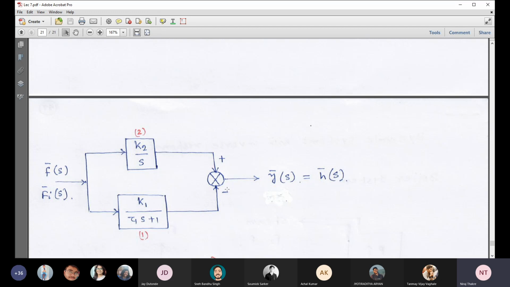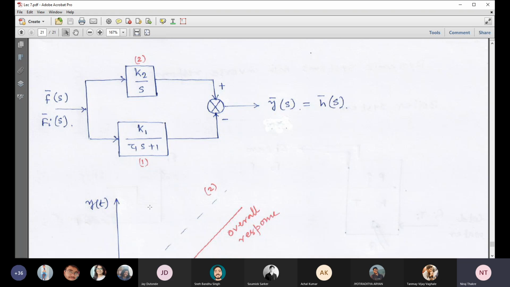And in the second time duration, we have K2 by S and it has positive sign. So this is the overall H we get by combining these two. Fine. This is the block diagram.